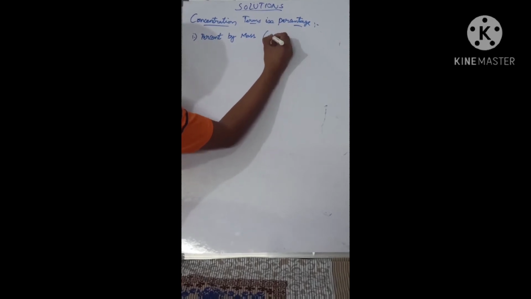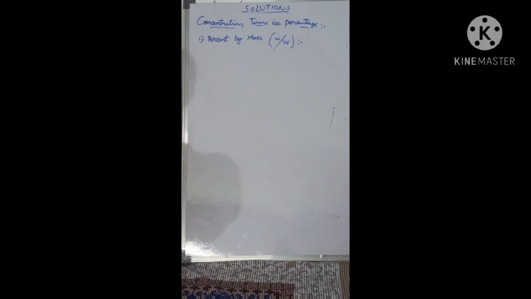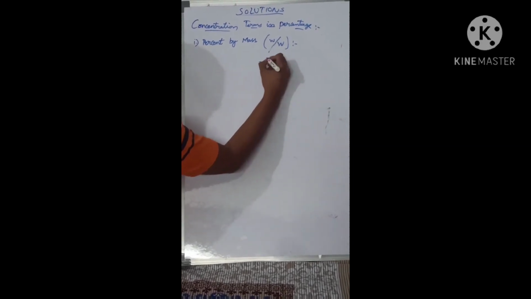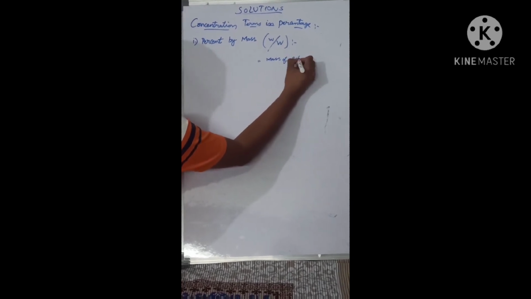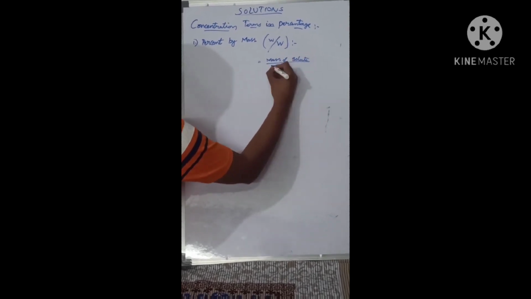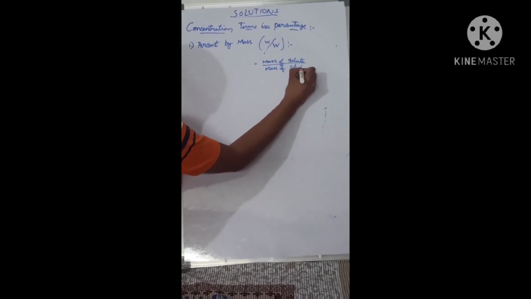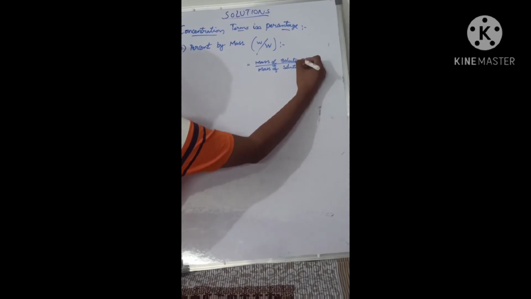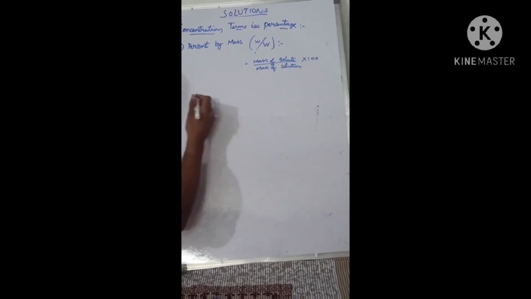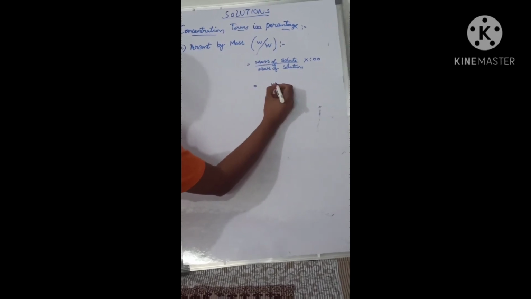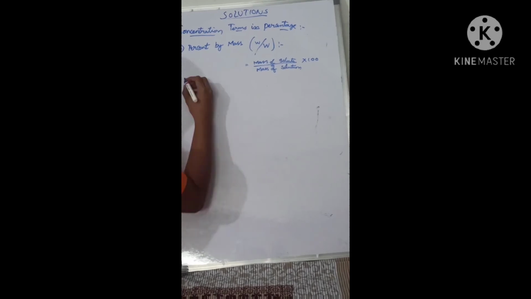That is small w by capital W. It is the mass of solute divided by mass of solution, into 100.